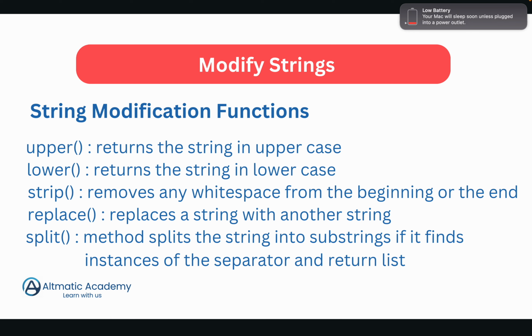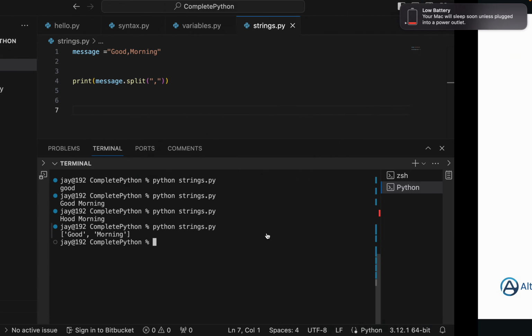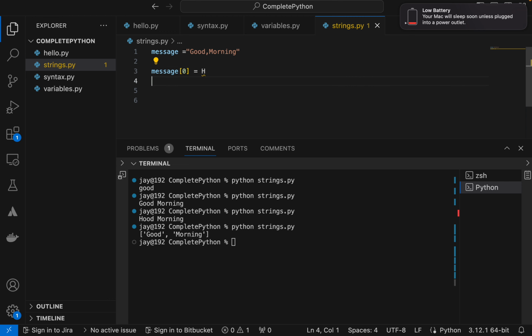Now the one major and important thing is that in Python, suppose that you want to change a particular character in a string, that is not possible because strings are not mutable. Suppose that I want to do message[0], at that position I want to put H, right?